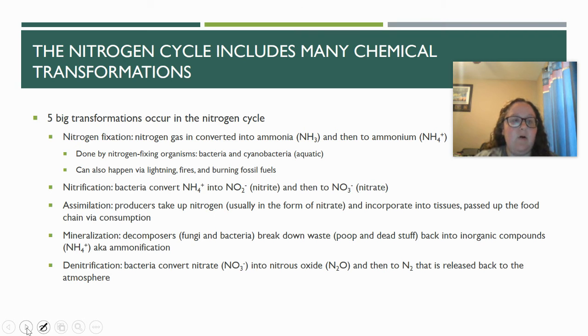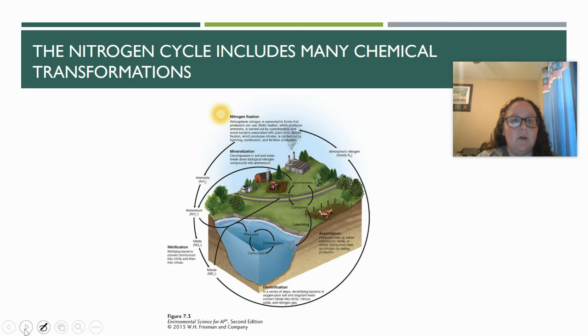And this is going to happen all over again. So we have fixation, nitrification, assimilation, ammonification, and denitrification. And here is a lovely diagram of the nitrogen cycle.